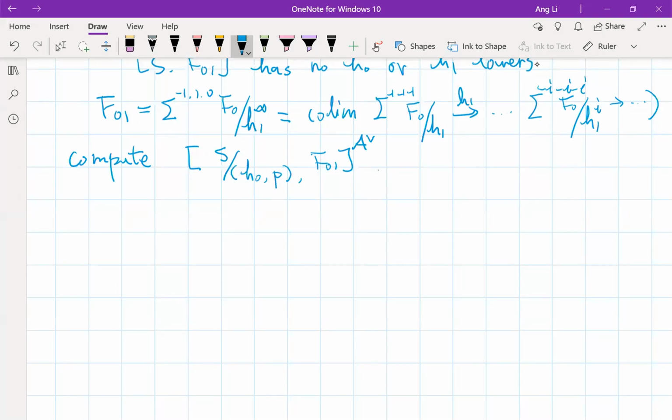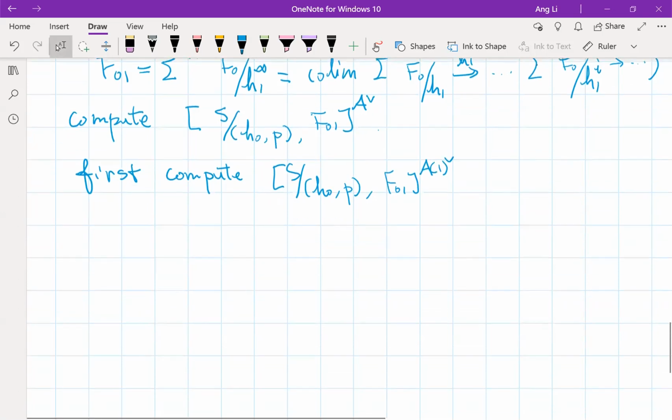So we can start with something small, such as the sub-dual Steenrod algebra A of 1. And that is something I can do, and I'm gonna show you some picture.